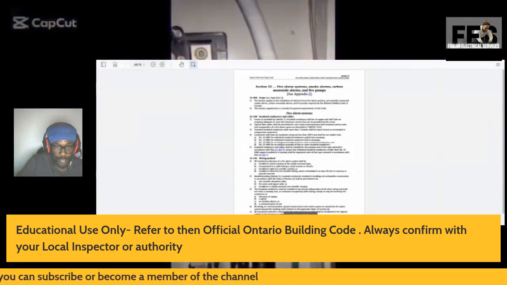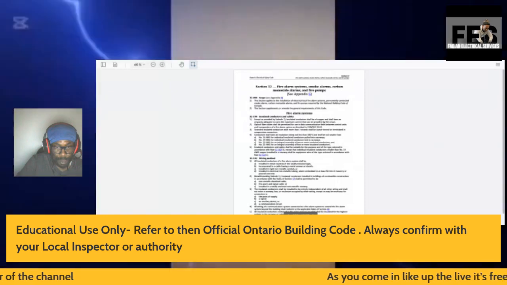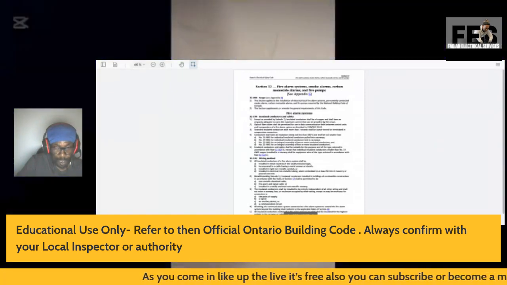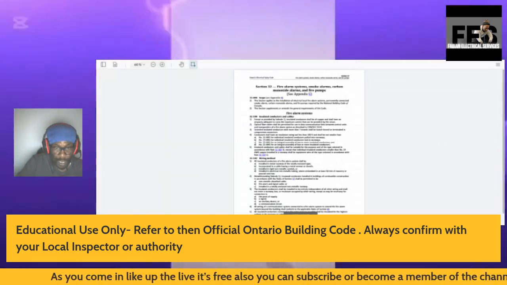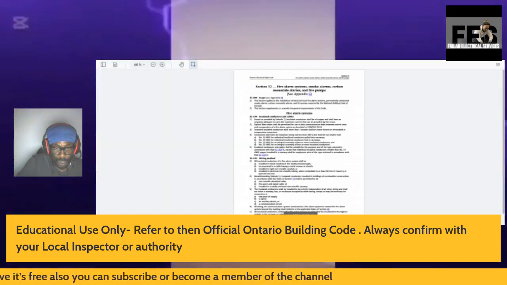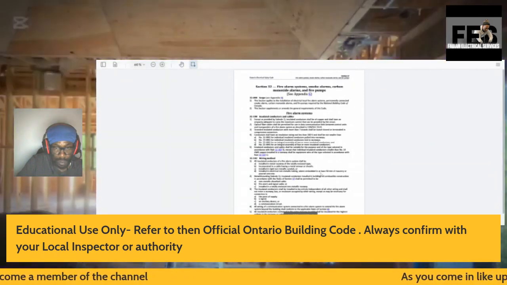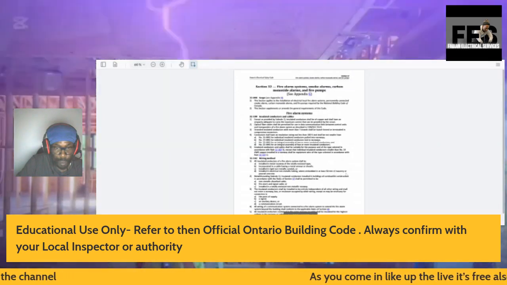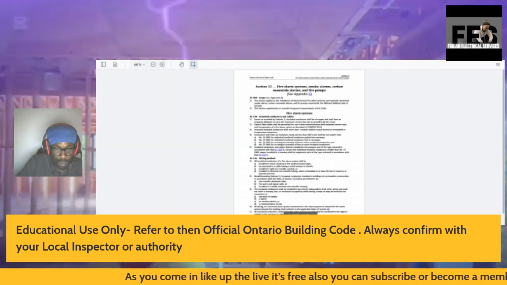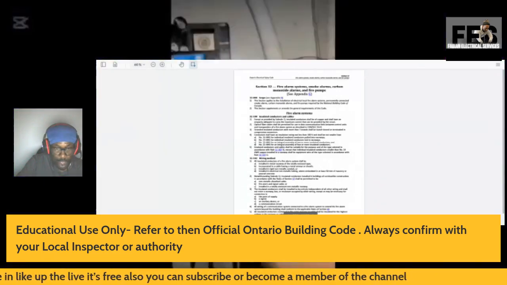Installed in rigid non-metallic conduit, which is the PVC that we use on the outside. Installed in electrical non-metallic tubing, or embedded in at least 50 millimeters of masonry or poured concrete. Sorry, I believe rigid might be the other type of conduit.